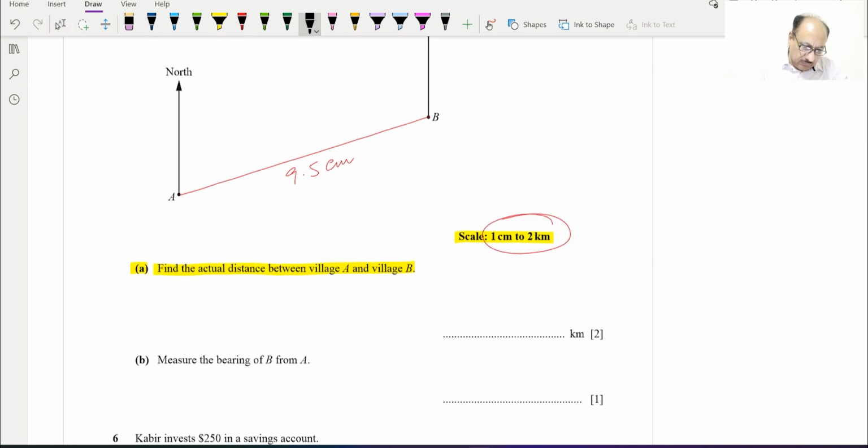So we will multiply 9.5 by 2, which will be equal to 18 plus 1, so 19 kilometers. This will be our final answer for 2 marks.